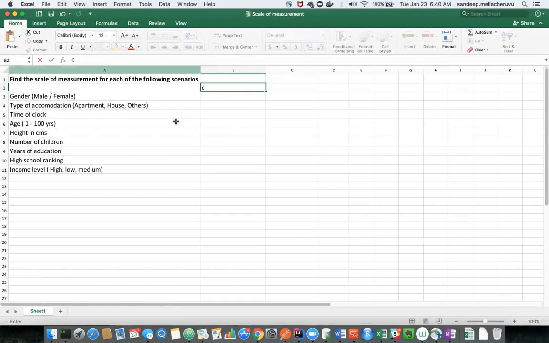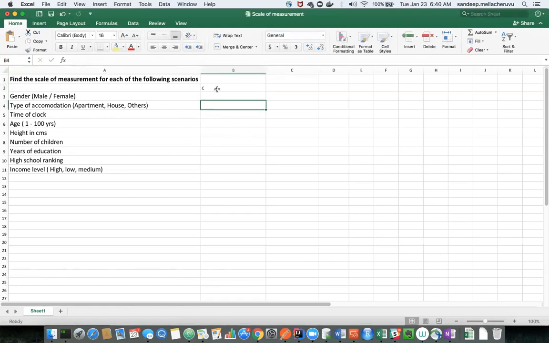So Subbu. Yes, sir. So this is categorical first, gender. Gender is categorical. Okay. And the type of accommodation also categorical. Categorical only because we already mentioned apartment, house, others.